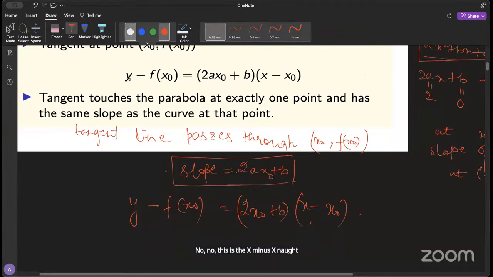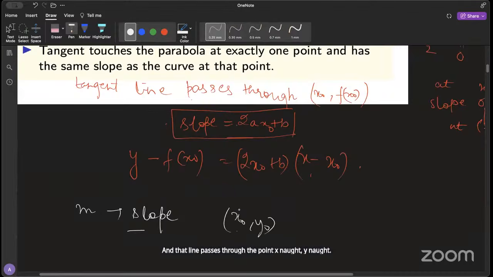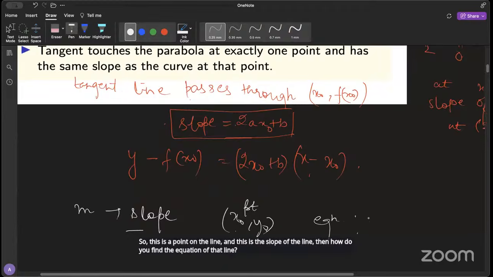Let's say, one second, remember if m is the slope of a line, and that line passes through the point x naught, y naught. So this is a point on the line, and this is the slope of the line. Then how do you find the equation of that line?